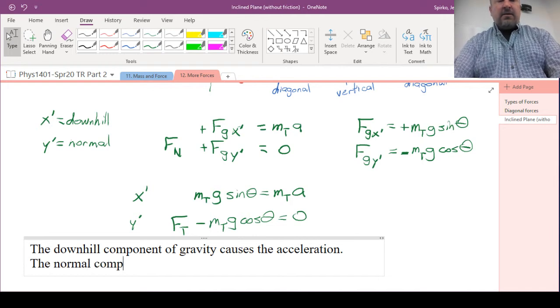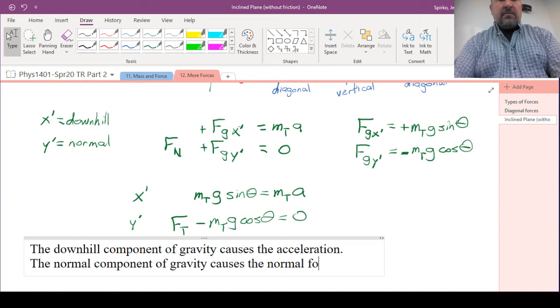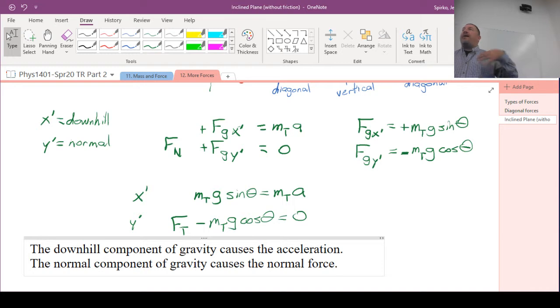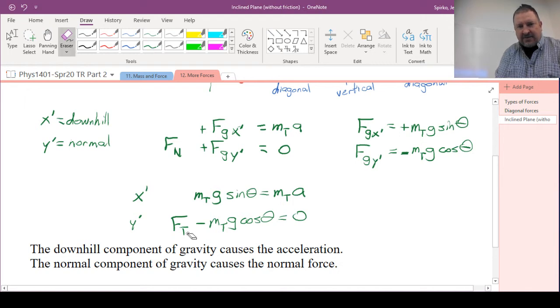And the normal force component causes the normal force. So gravity on me causes the normal force on my feet. Gravity down makes the normal force act up. Gravity down makes the normal force exist.